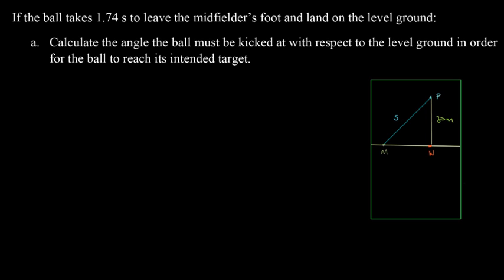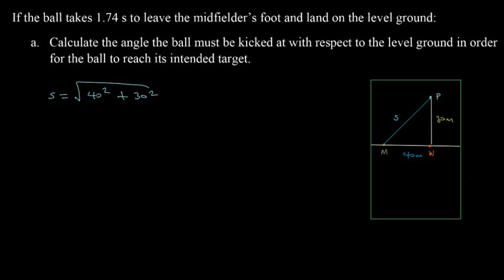Using Pythagoras, S is equal to, and notice that the distance between the midfielder and the winger is 40 meters, the square root of 40 squared plus 30 squared.